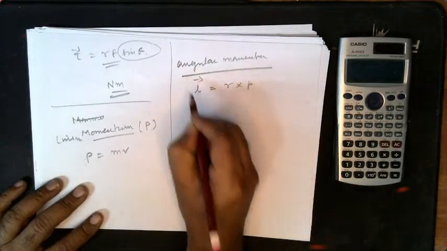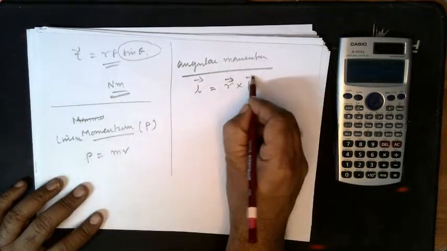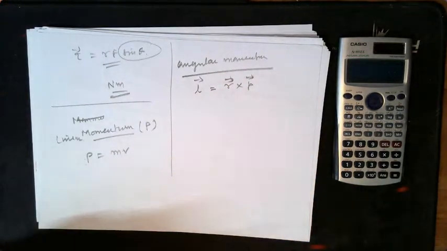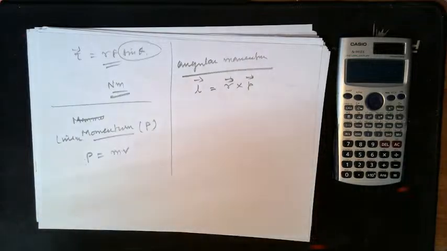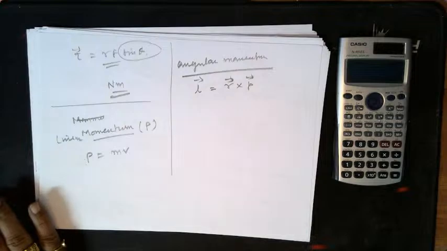Take down angular momentum. R is the position vector and P is the linear momentum here. Do you understand? So it involves the linear momentum. So L vector is equal to R vector cross P vector.